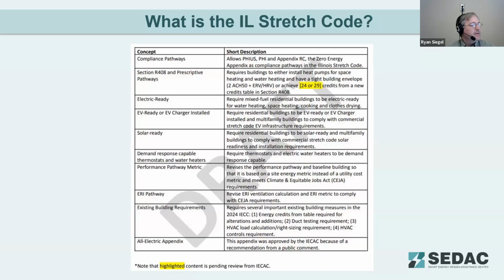Questions being, once the stretch code becomes available, am I required to use it? Yes or no? And second question, can jurisdictions enforce a stretch code for commercial and base code for residential?